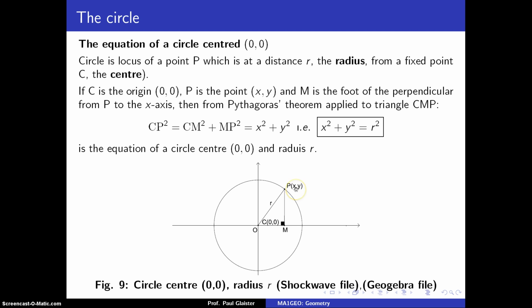In other words, the xy coordinates satisfy x squared plus y squared is r squared. Okay, that's a relationship between the x and y coordinates of any point on the locus, and hence that's the equation of the circle.